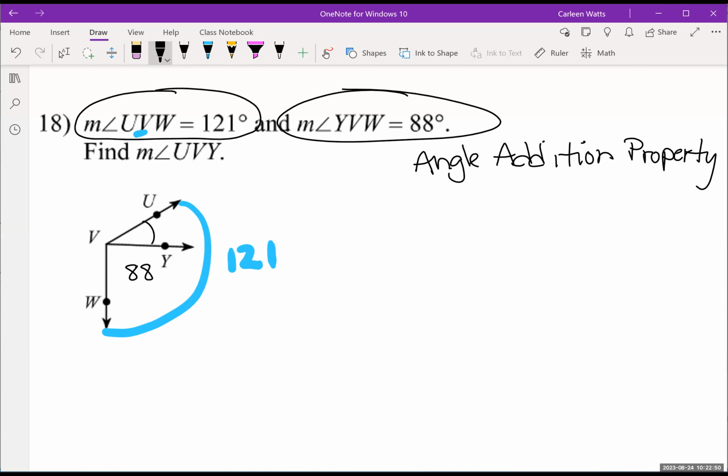And David was ahead of me. Okay, so Ella, what do you think? How can I get that missing piece? What am I going to do with the 121 and the 88?